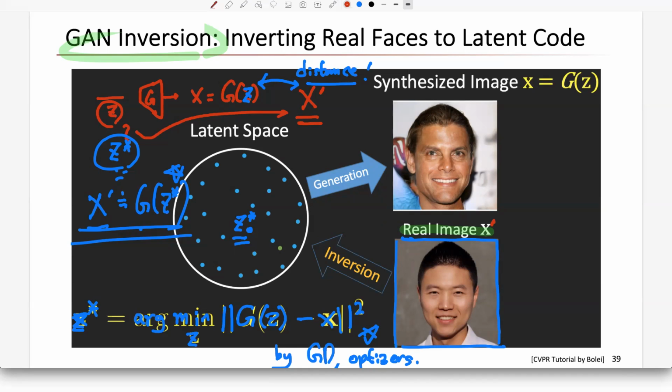이게 바로 최근 GAN 분야에서 많이 이슈가 되고 있는 GAN inversion이라는 컨셉입니다. 어렵지 않죠? So the interesting thing is in GAN inversion, we don't need the training phase. We only need an optimization phase to find the Z star, given a pre-trained generator and the real image X prime.